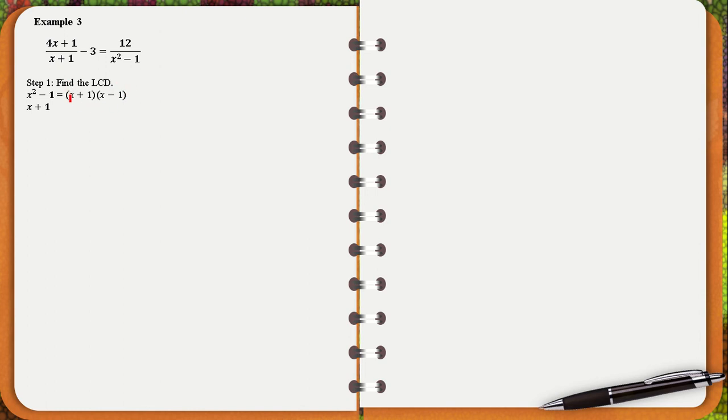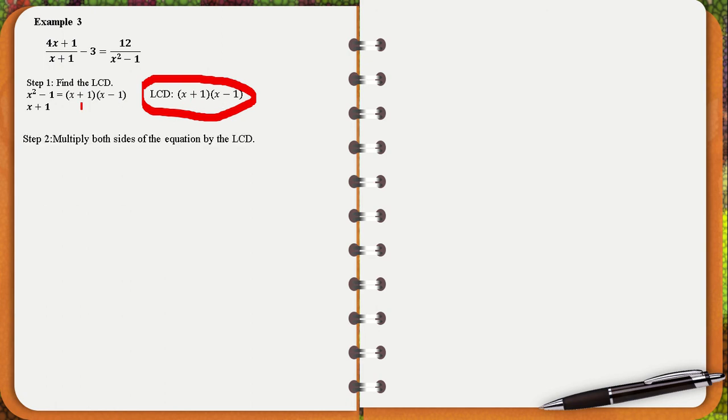So meron po tayong quantity x plus 1, quantity x minus 1. So, yung x plus 1 po ay dalawang beses na nag-exist, so isang beses lang natin kukunin, and x minus 1. So ang LCD po natin dito sa example natin na to ay quantity x plus 1, quantity x minus 1.